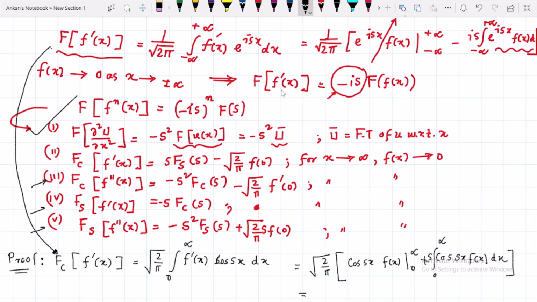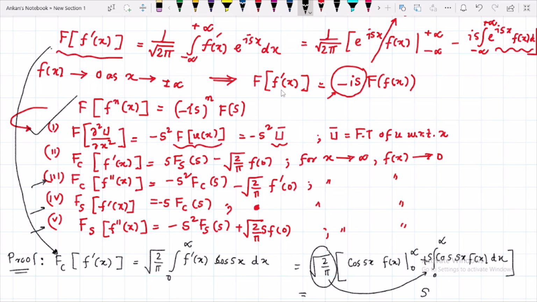Now multiplying this with this, you will be able to obtain s.